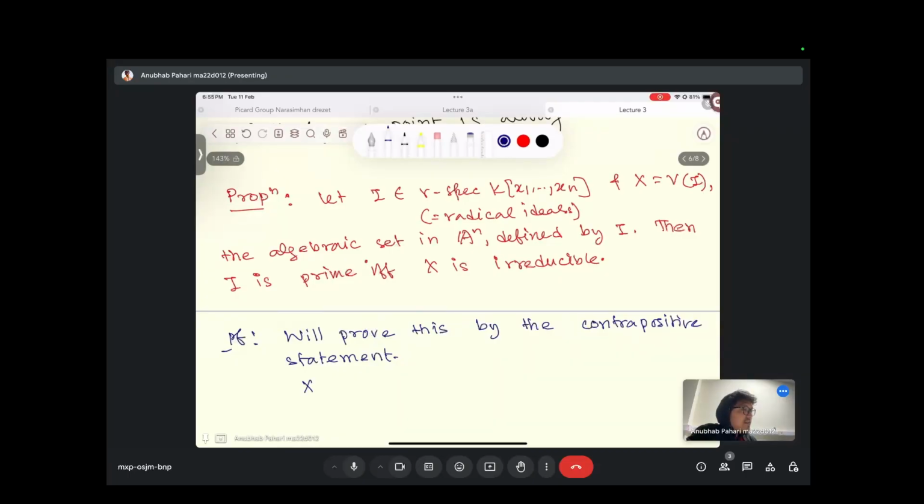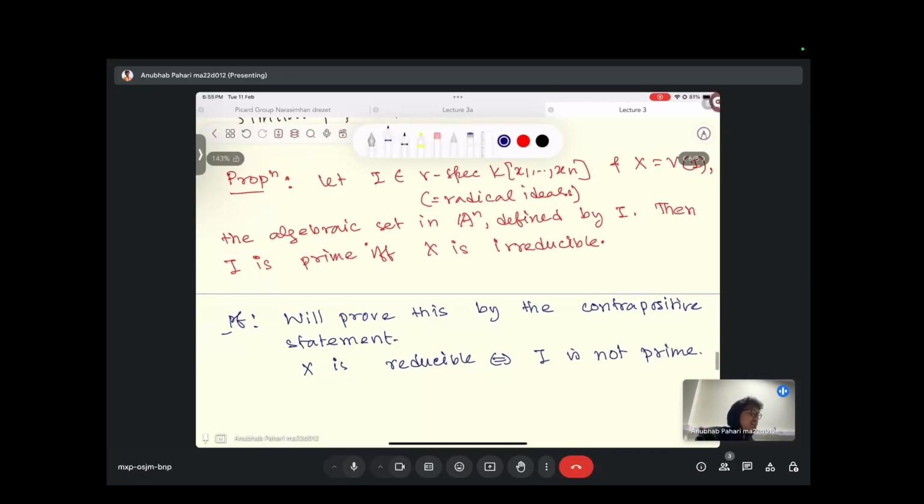That is, X is reducible if and only if I is not prime.